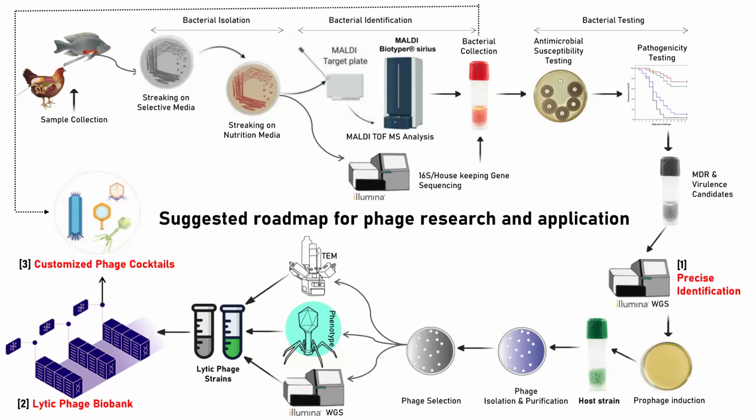Like in poultry, we usually know about the co-infection of E. coli, Salmonella, and Campylobacter. So if we have the bacteriophages, we can mix them together to make a product, and we apply the product to reduce the concentration of E. coli, Salmonella, and Campylobacter in one product and one time. So this is the suggested roadmap for phage research and application.